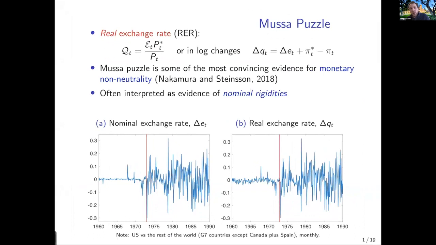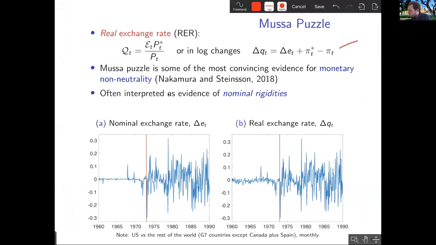Indeed, there is a change in the monetary regime, and it has a stark effect on a real variable. It is often interpreted as evidence of nominal rigidities: if you look at the definition of the real exchange rate, if prices are sticky and inflation rates move slowly, then the nominal and real exchange rates will move together.